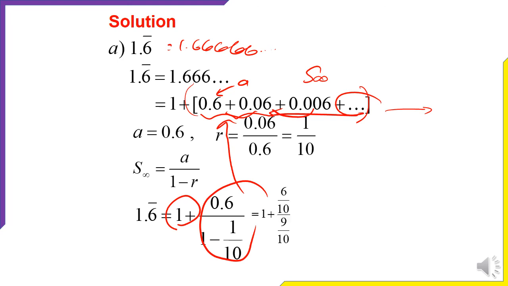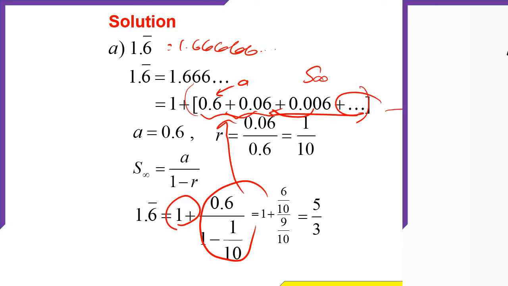So what is the answer? It will give you a fraction, which is 5 over 3. Can you just calculate using your calculator? Do you get 5 over 3 equal to 1.666666? Yes, you will get 1.66666666 in your calculator.